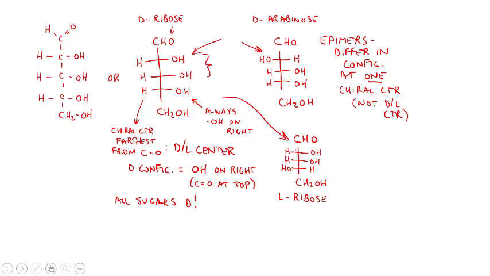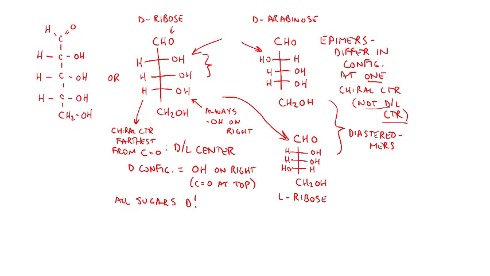So L-ribose and D-ribose are not considered epimers because they differ at the DL center. But all of these different structures are diastereomers, and you should remember what that is from organic chemistry.